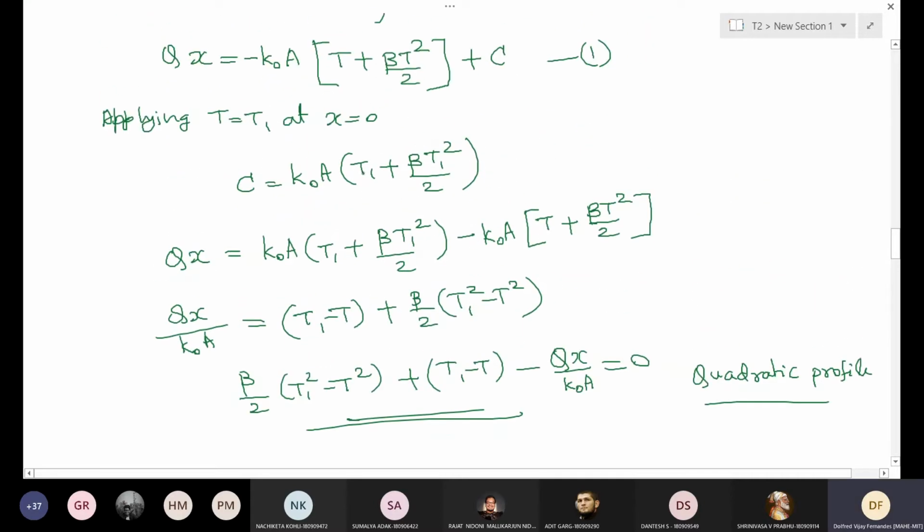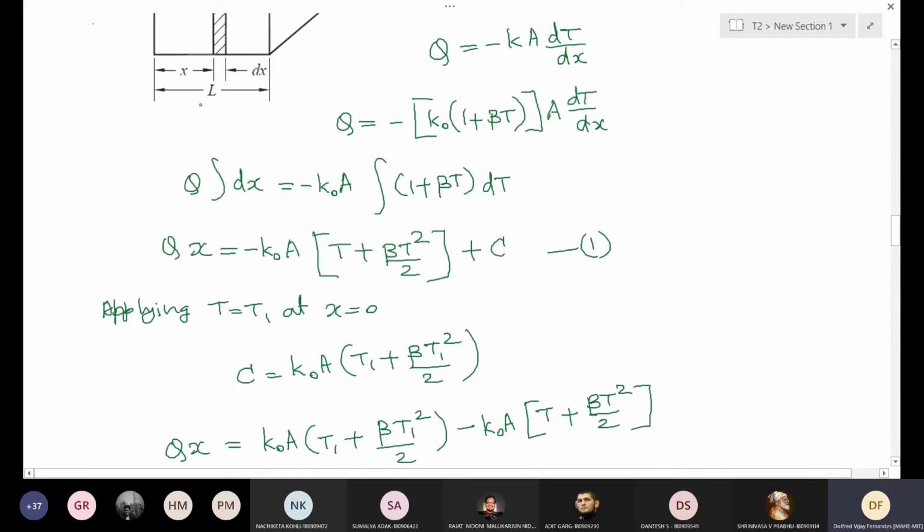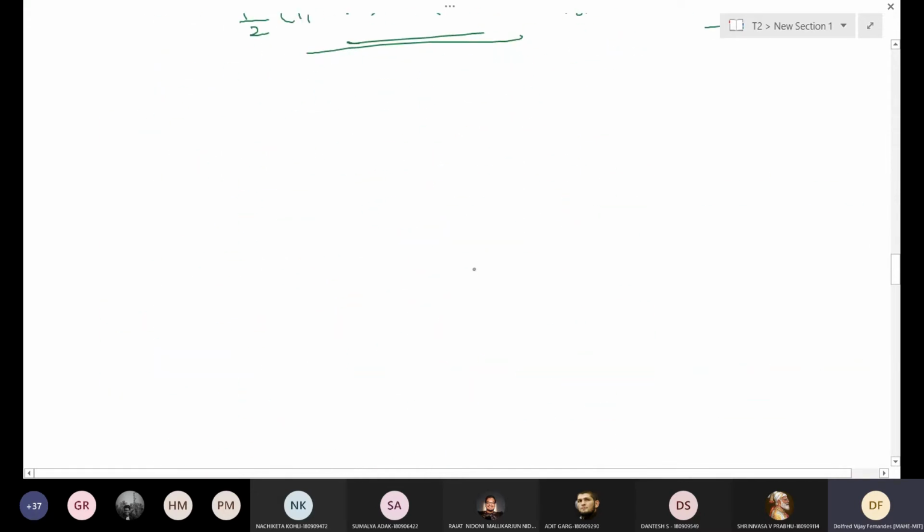Next, we can also estimate the rate of heat transfer. We have to integrate from the left surface to the right surface. So apply the limits, and we can estimate the rate of heat transfer. Q integral from 0 to L, thickness of the wall, dx. On the right hand side, we have minus K0 A integral from temperature T1 to T2, 1 plus beta T dT.